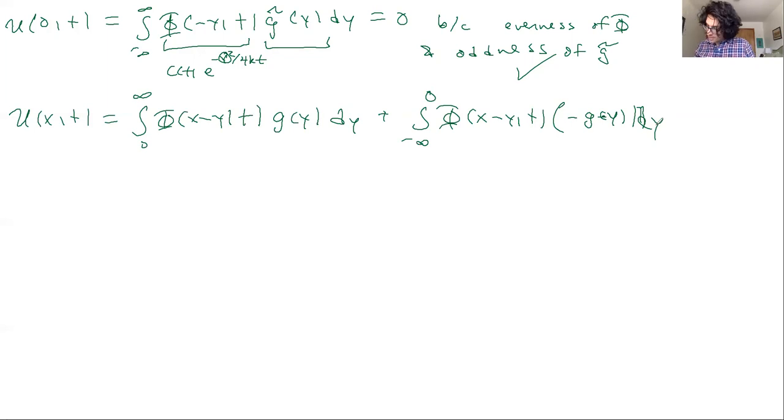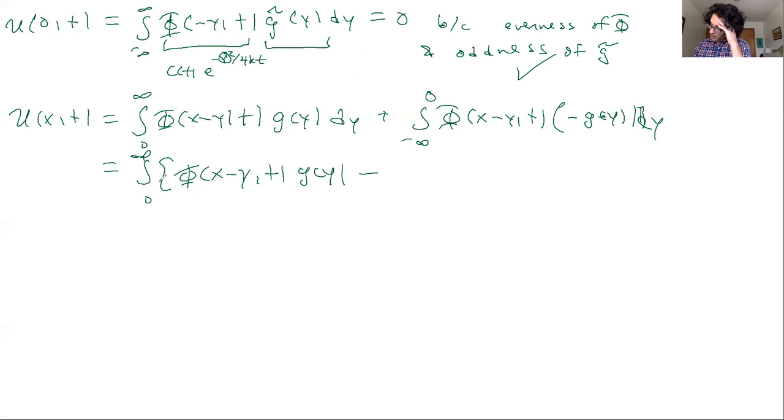And so then that can be written through a change of variables and a recombination as phi of x minus y t g of y, okay? Then I have this minus sign coming through, right? And if I change variables, if I flip y to be minus y, then I'm integrating from 0 to infinity, okay?